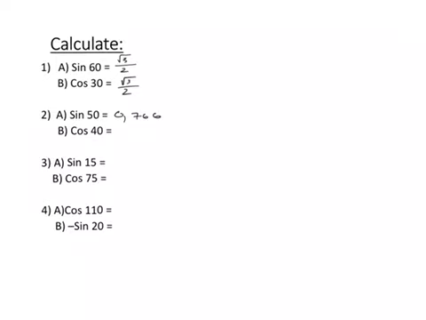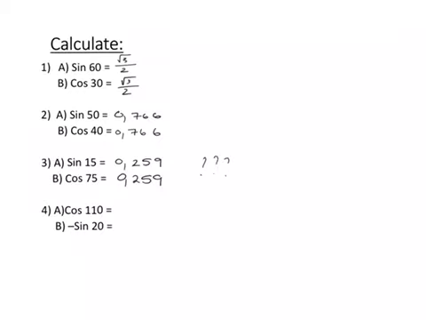Cos 40 is also 0,766. Sine 15 in decimals is 0,259. Cos 75 is also 0,259. This is getting very interesting.